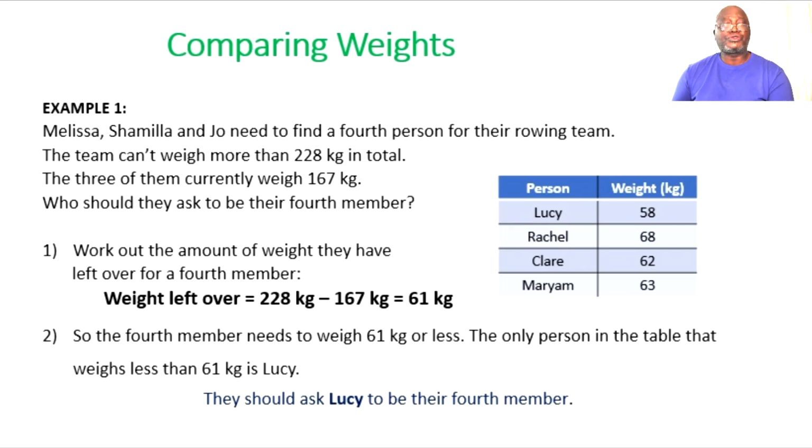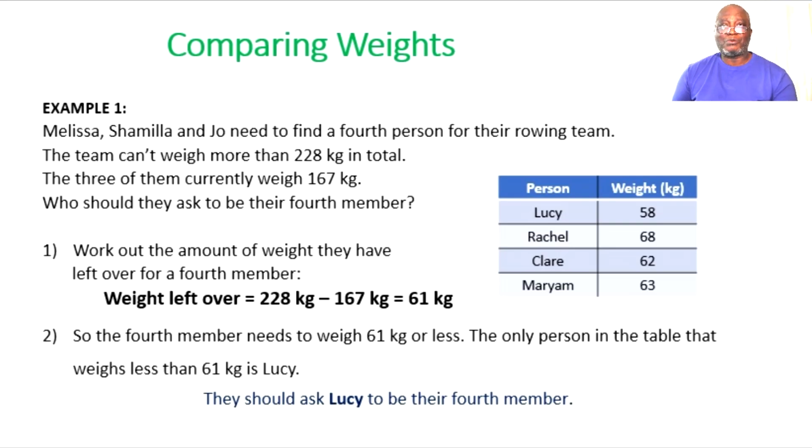The first thing you need to do is to work out the amount of weight they have left over for a fourth member. Bear in mind that there is a limit to the amount of weight that can be in the team. So the weight left over will be equal to 228 kilograms minus 167 kilograms, which will be equal to 61 kilograms.